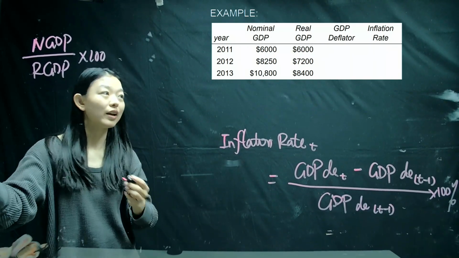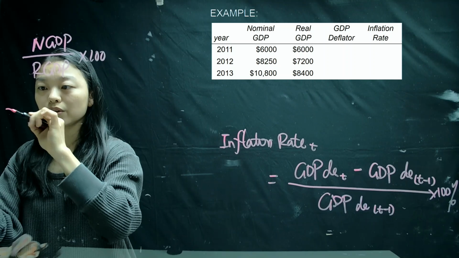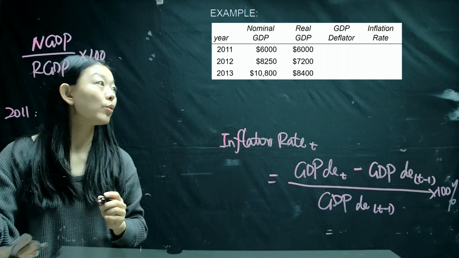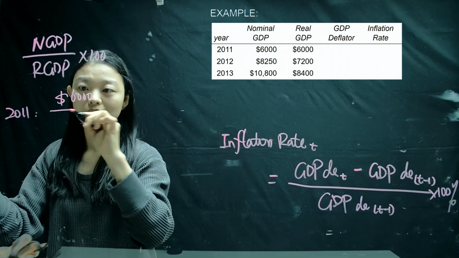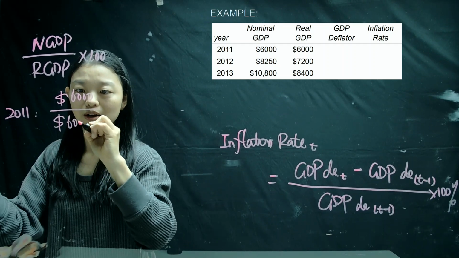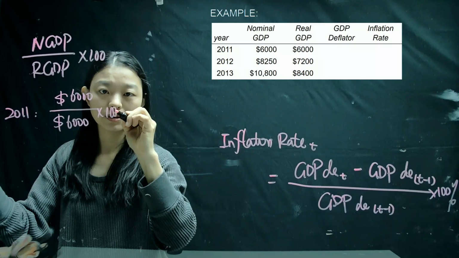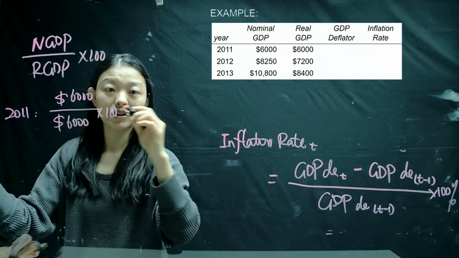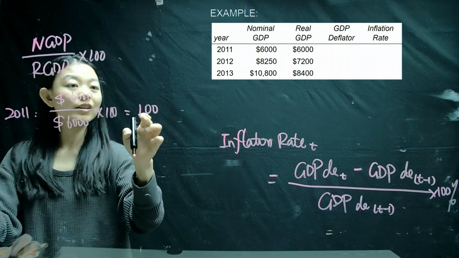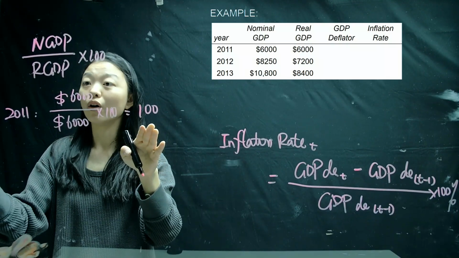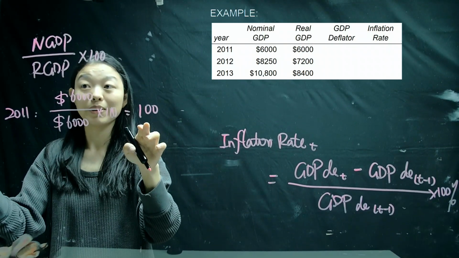So for the first one, in 2011, we have nominal GDP equals 6,000 divided by real GDP 6,000 times 100. This gives a GDP deflator in 2011 equal to 100, okay? This is the GDP deflator for the year that we use as the base year.